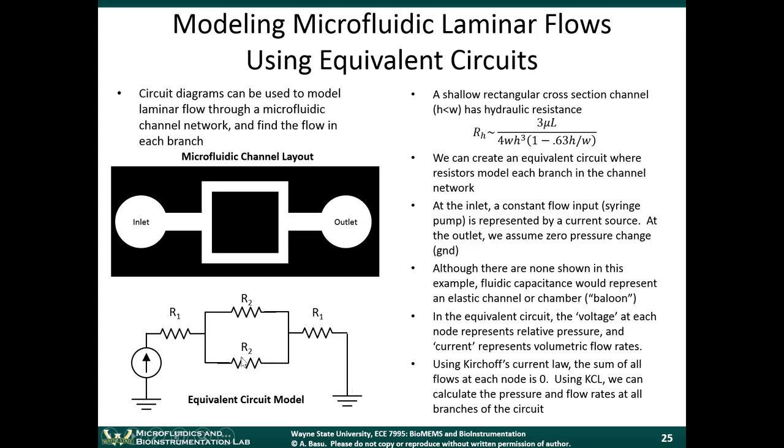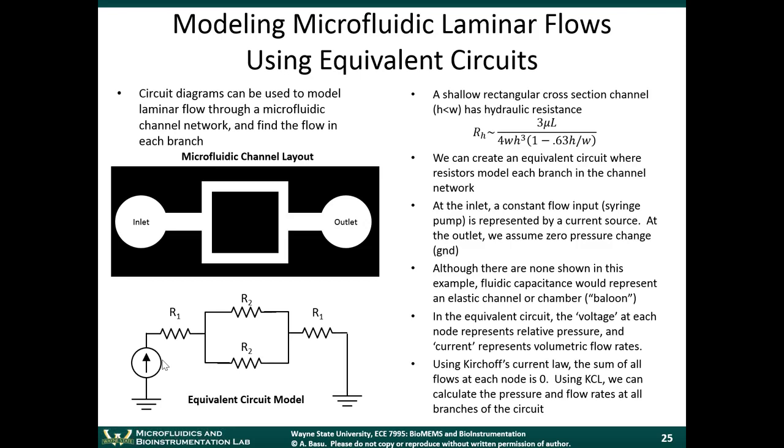Let me add another thing in here also. We have a flow source here, a current source. If you think about this in terms of the analogy, the current source represents a source for those packets of fluid.